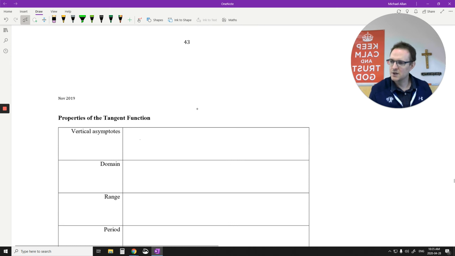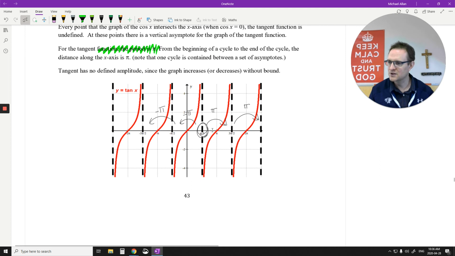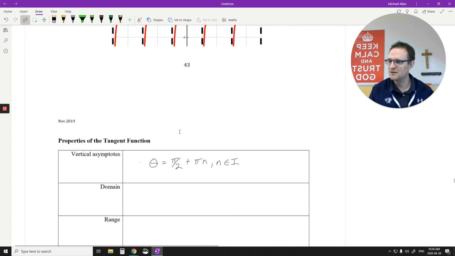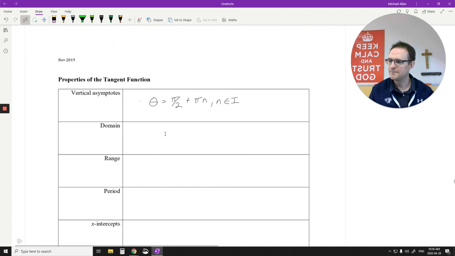So I create a general term for my asymptotes. My general term for my asymptotes is when theta is equal to pi over 2 plus pi n, n an element of the integers. So plus or minus a bunch of pi's back and forth, and we always want to start from the first positive angle, the principal angle, and then we'll worry about the other ones later.